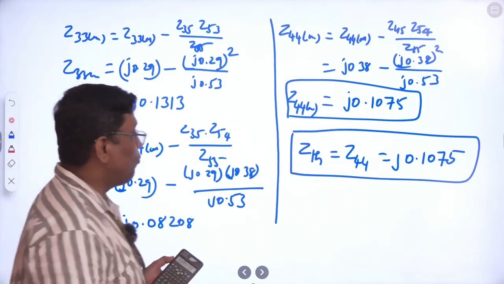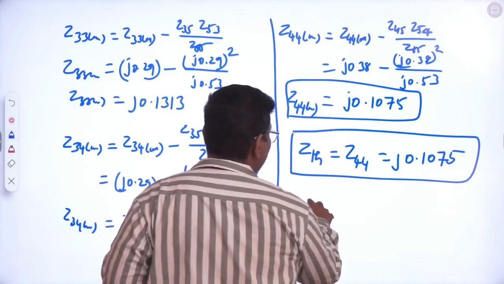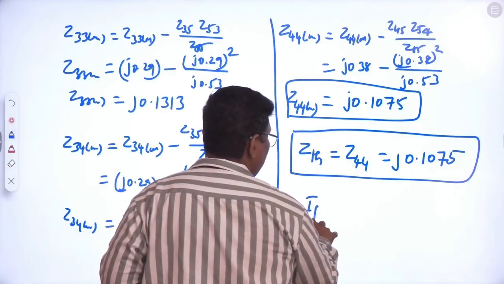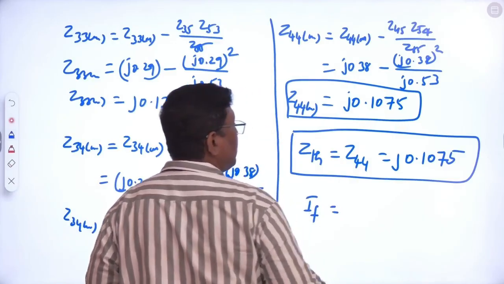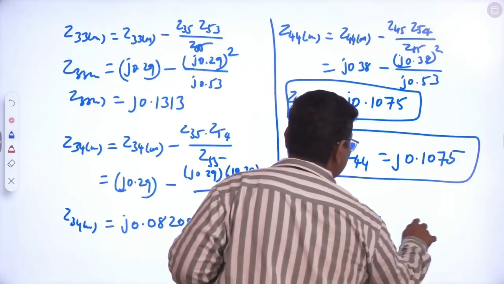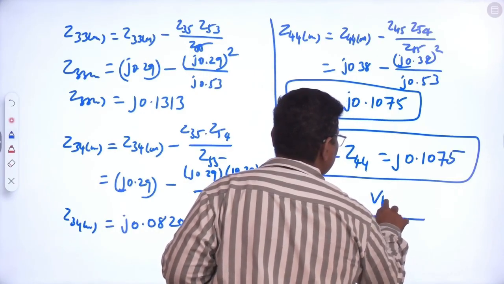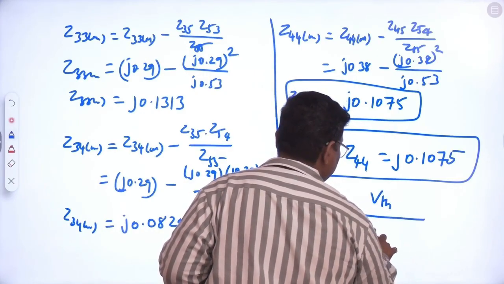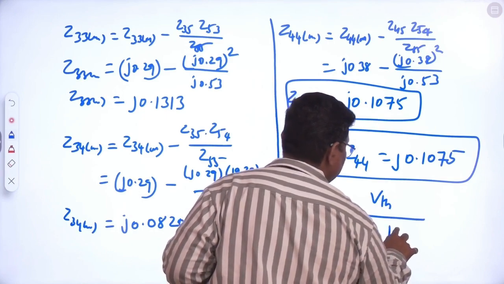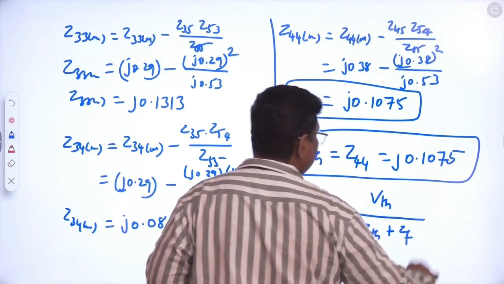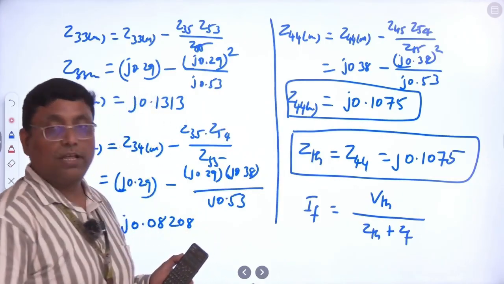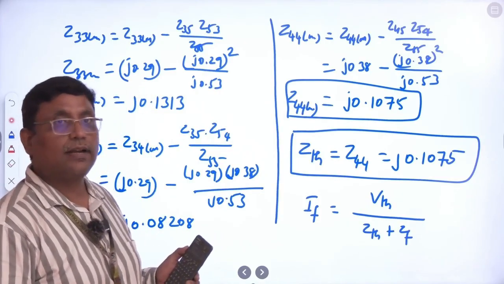Okay, so now find what is the value of IF. So in the given problem, there is no fault impedance value. So V Thevenin divided by Z Thevenin plus ZF. So this is the formula for symmetrical fault current.